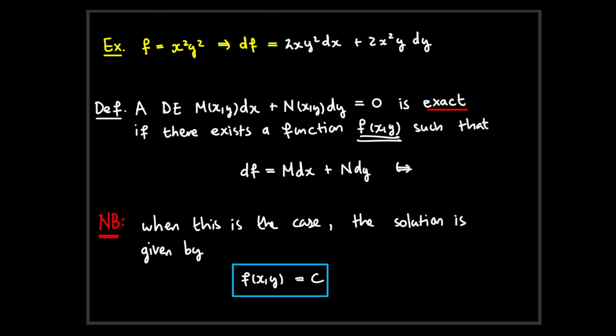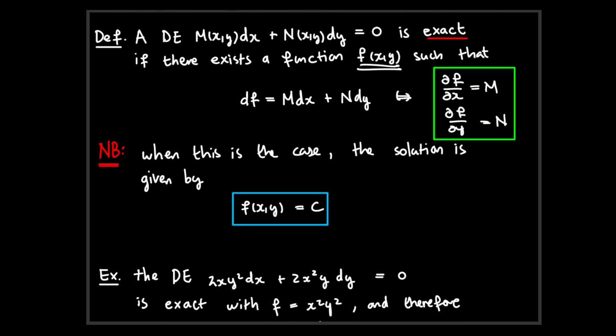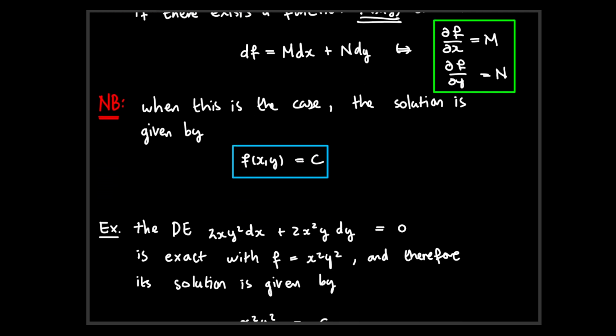It means the same thing as saying that the partial derivative of f with respect to x is equal to M, and the partial derivative of f with respect to y is equal to N. It's really just saying the exact same thing. So keep this in your mind because we'll use it in a moment.